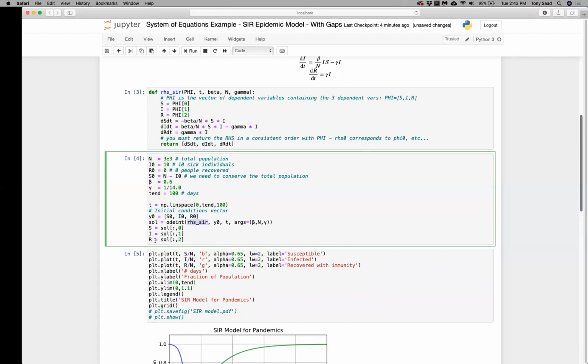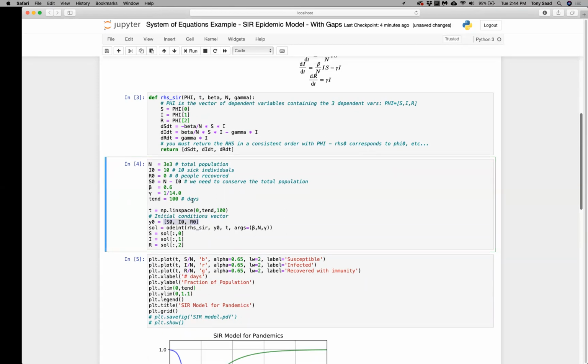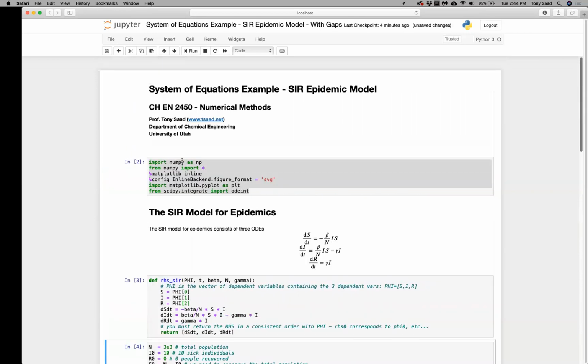Emily. Sorry, I have a syntax error, and it's that Y naught is equal to S0, I0, and R0. What is the syntax error? It just says invalid syntax. And you have the square brackets? Mm-hmm. Can you copy the code that you have? Did you run all the cells?